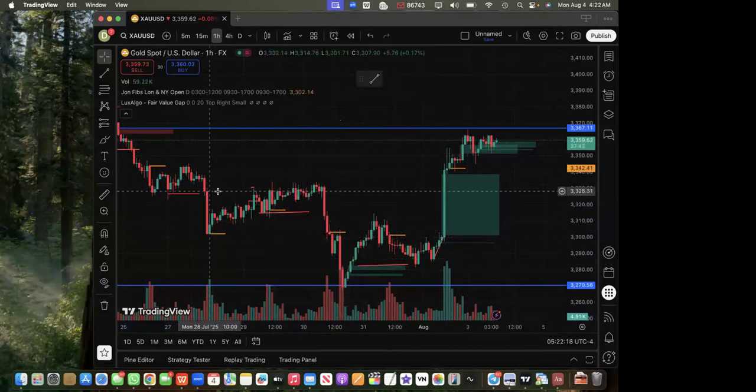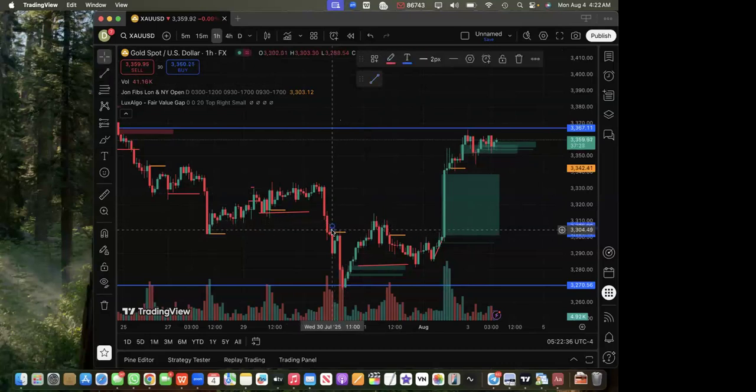Actually, let me start from this impulsive move down here to identify a different break of structure. It's very important for us to do that so that we're able to get ourselves together. So here, let me see, let's draw this here.